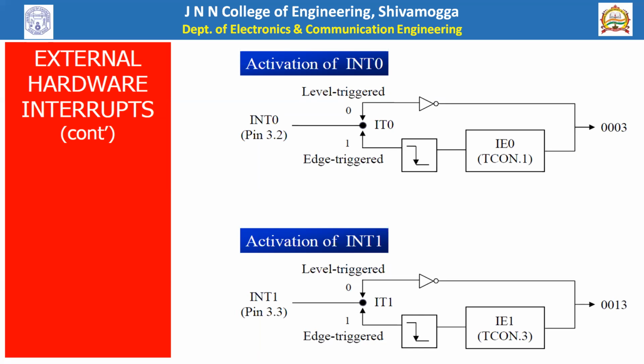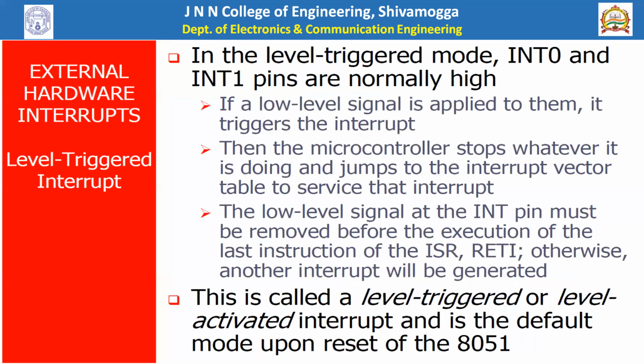Whenever there is such a level triggered interrupt, if a low level signal is applied to them, because there is an inverter, it triggers the interrupt. Then the microcontroller stops whatever it is doing and jumps to the interrupt vector table to service that interrupt. The low level signal at the INT pin must be removed before the execution of the last instruction in the interrupt service subroutine, that is return from interrupt.